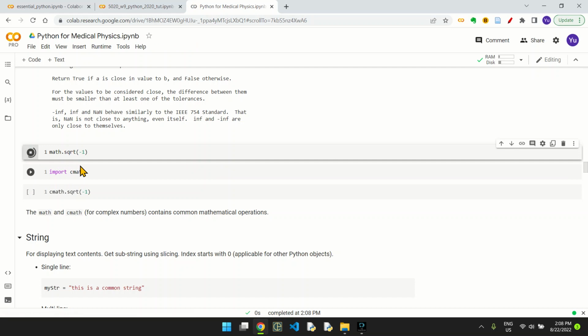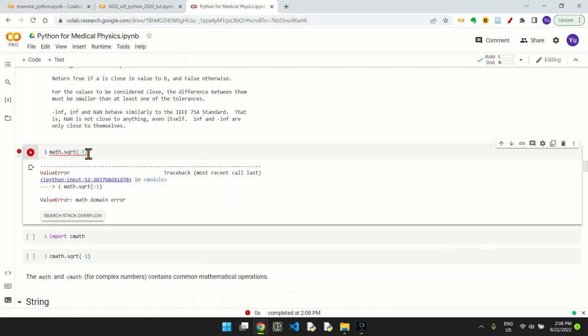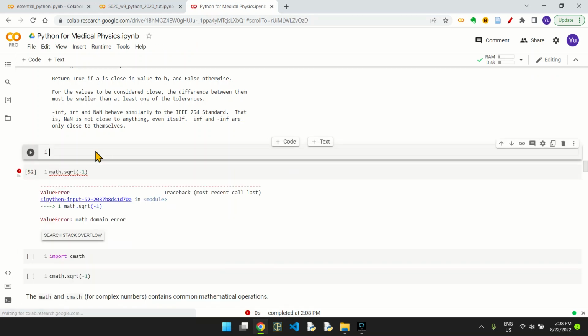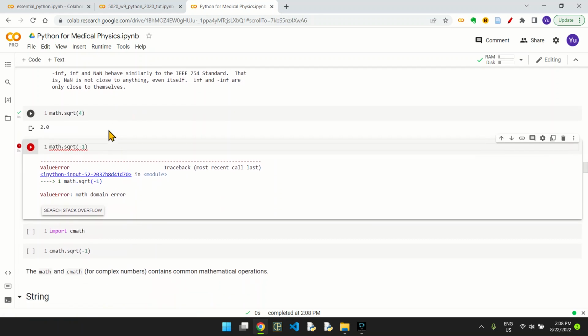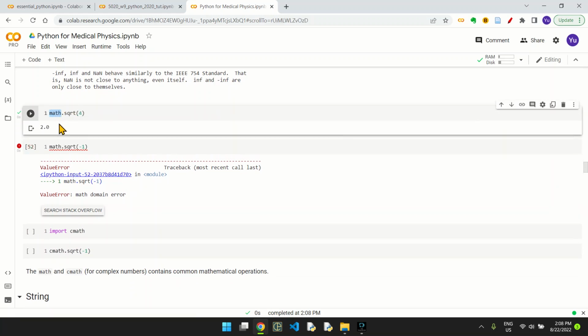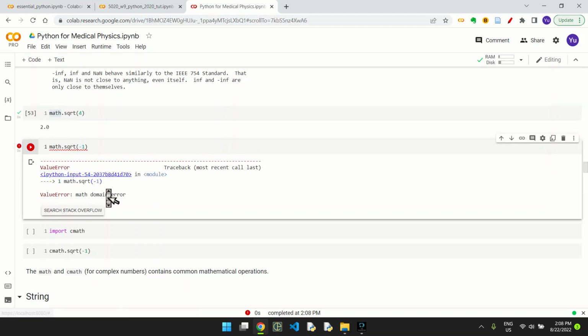And you can use the square root in math. There's a square root function there. It will give you the square root of a value. Because math doesn't work with complex numbers, if you put -1 inside the square root, it will tell you there's an error.